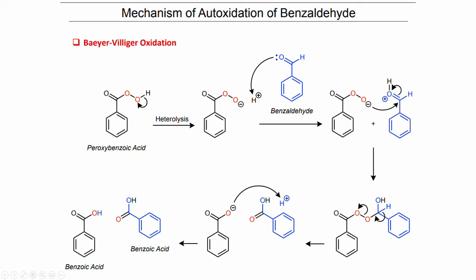From here, the hydrogen can be removed to form the double bond to this oxygen and break this bond to this oxygen. So we are now left with two different compounds. The oxygen that was on our peroxybenzoic acid is still negatively charged and can pick up this hydrogen that has been removed to form two benzoic acids.